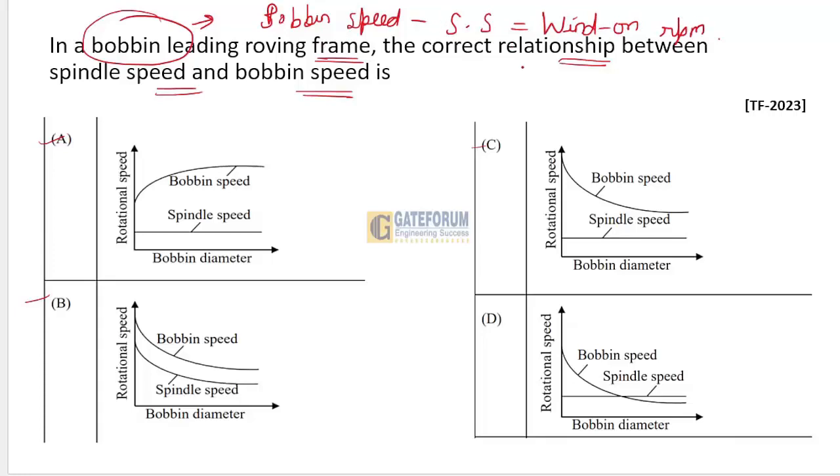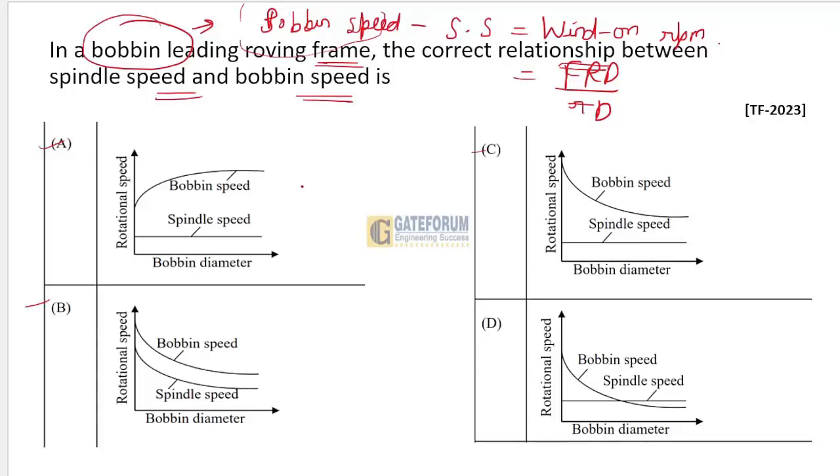Wind on RPM is front roll delivery upon pi d. In a bobbin leading roving frame, the bobbin speed is higher. The spindle speed is constant, because the wind on RPM remains the same due to the front roll delivery and the diameter.